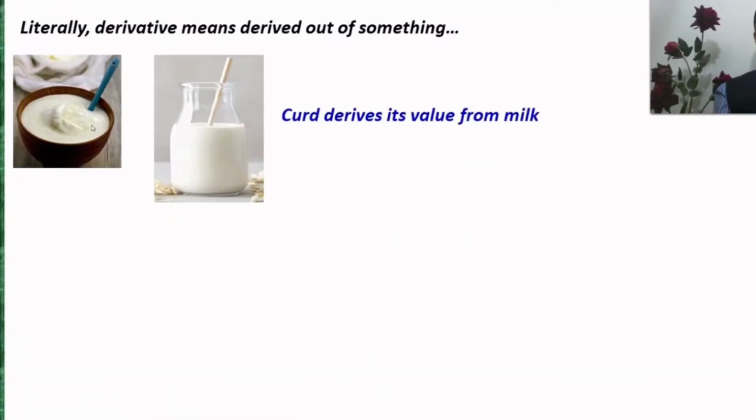For example, the curd is derived out of milk, or you can say that the curd derives its value from the value of milk. If the price of milk increases, then the price or the value of curd will increase, and similarly, if the price of milk reduces, then the price or the value of curd will also reduce.